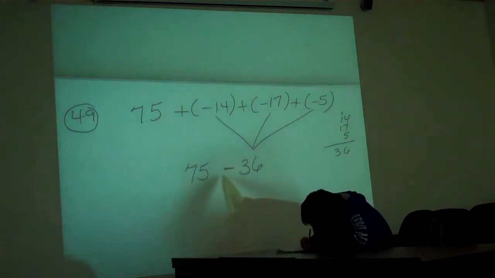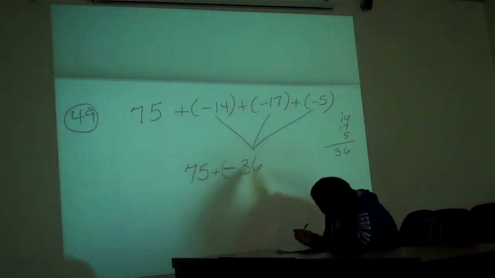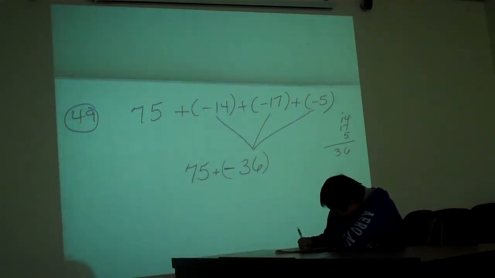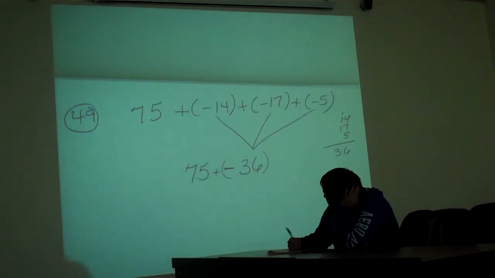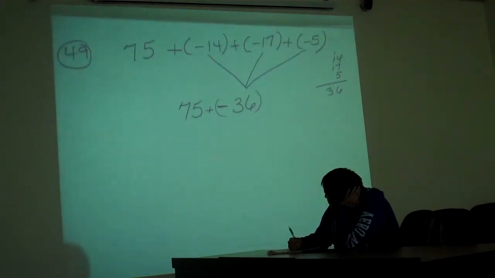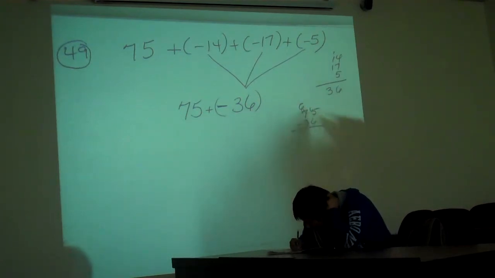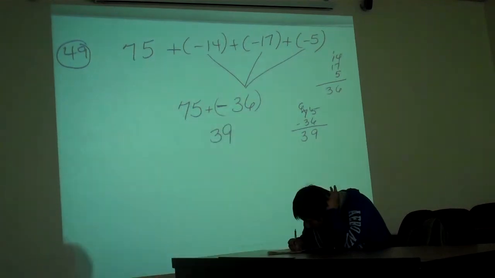So you're adding a positive and a negative, right? So you're going to subtract. It's the sign of the larger. So you're going to have money left over after you pay those bills. So you're just going to do your 75 minus 36. So you'll have $39 left after you do that.